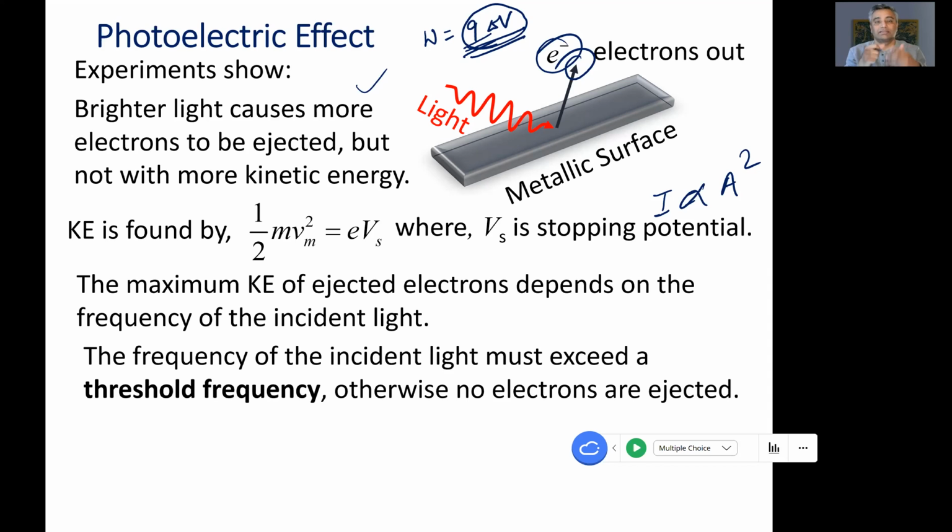For example, yellow light may not eject any electrons, but blue light can easily eject them. Or red light may not eject them, but yellow light may. Which wavelength ejects electrons depends on the nature of the metallic surface, okay?